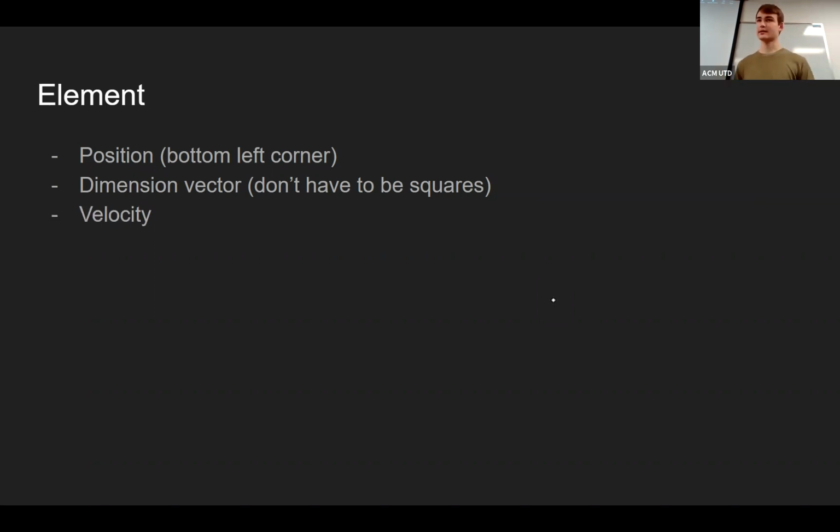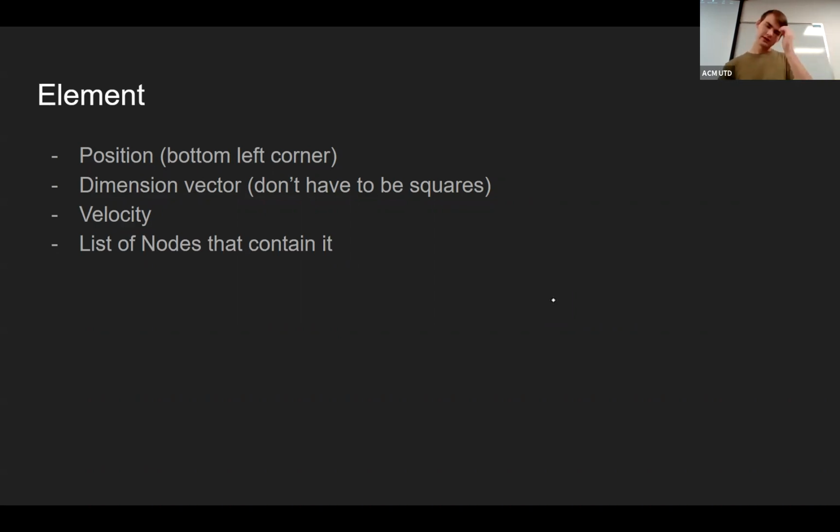If they are static, like our brick example, then the velocity would just be 0. But we still need that in our generic interface because we have to assume that for any given thing, it can be moving. And I don't think there would be any real performance gains if you had 2 separate classes, one for static things and one for dynamic things. I don't think that would matter.